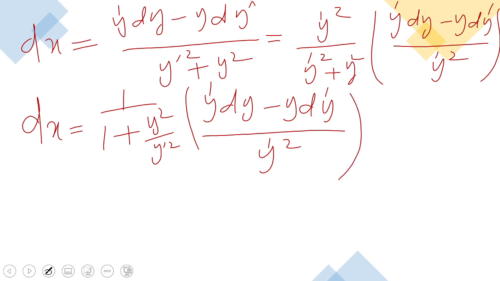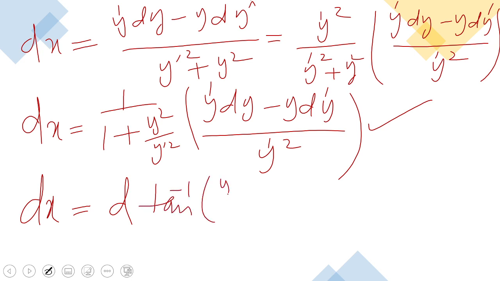So if we look at this carefully, this is the differential of tan inverse y by y dash. So when you integrate it, we'll get some phi 2.